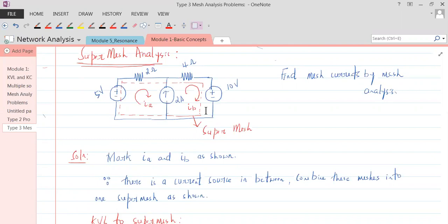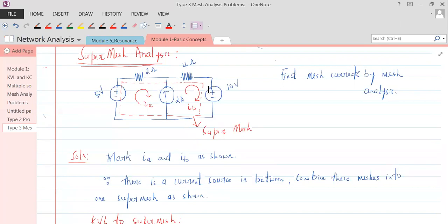So we can express this 2 amps in terms of IA and IB. How can we? Now you have to see the current which is in the direction of 2 amperes. Among IA and IB, which is in the direction of 2 amperes? IB, good.